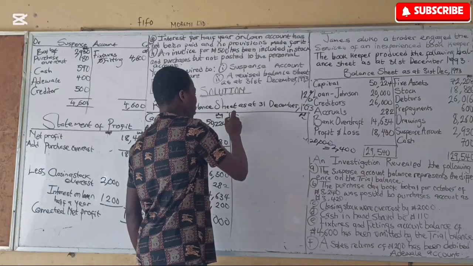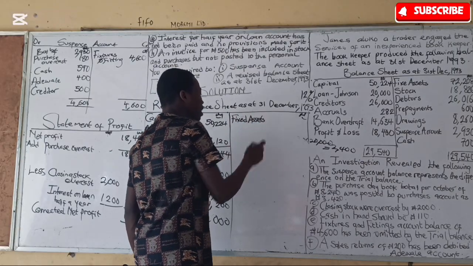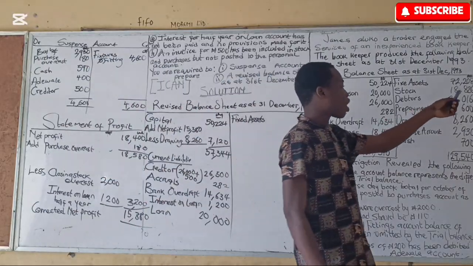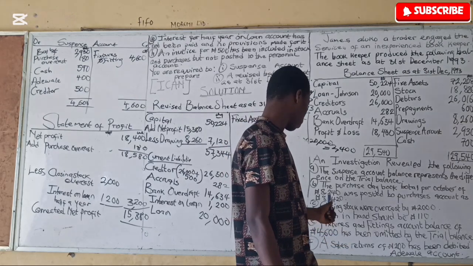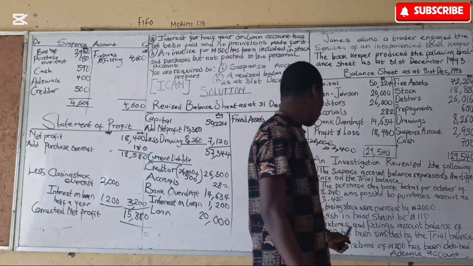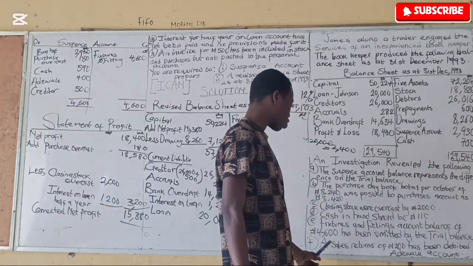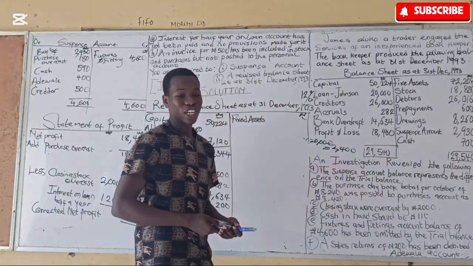We are going to start with our fixed assets. There's an adjustment on this side. Our fixed asset is 72,208. But here the question says fixtures and fittings, which is also a fixed asset account, balance 4,600 naira, has been omitted. That is, we did not record it, so we are going to record it.